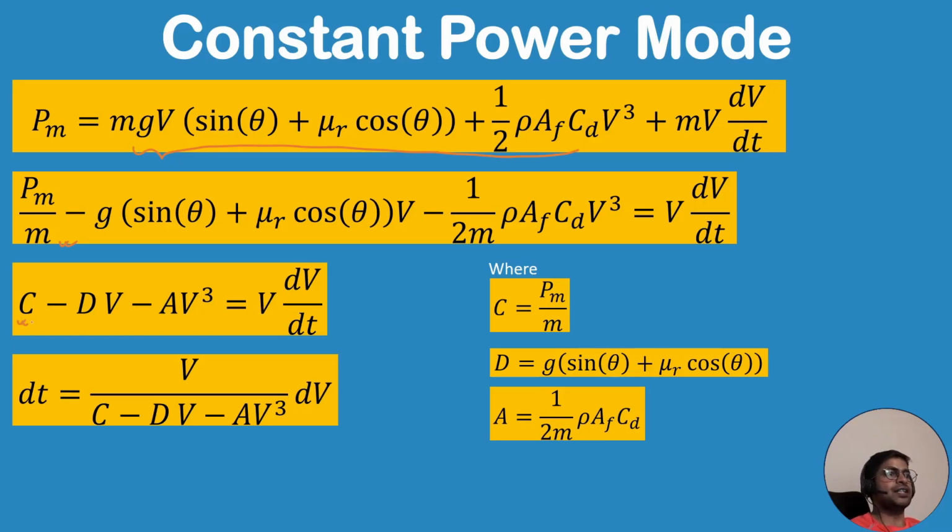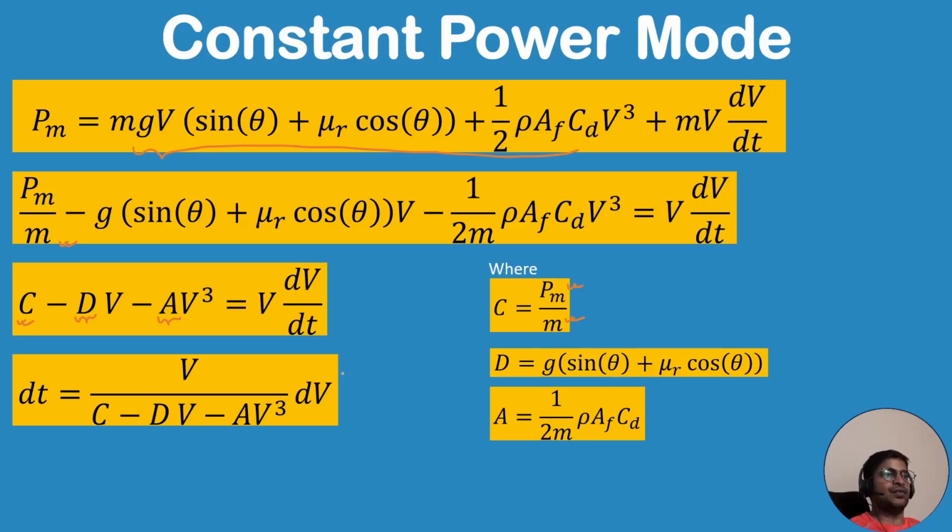What is c? Another constant we define: the motor power divided by the mass of the vehicle. This d we can represent with this formula, which is g into sin theta plus mu r cos theta, and this a, which we have already seen, is equal to 1 by 2 into the mass of the vehicle into density of the air into frontal area of the vehicle and the drag coefficient.